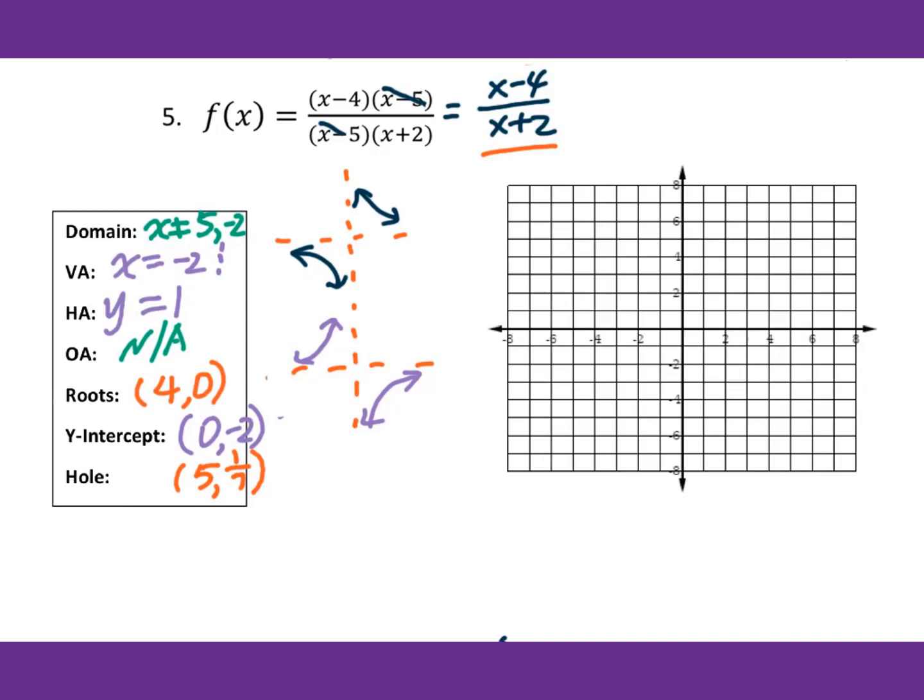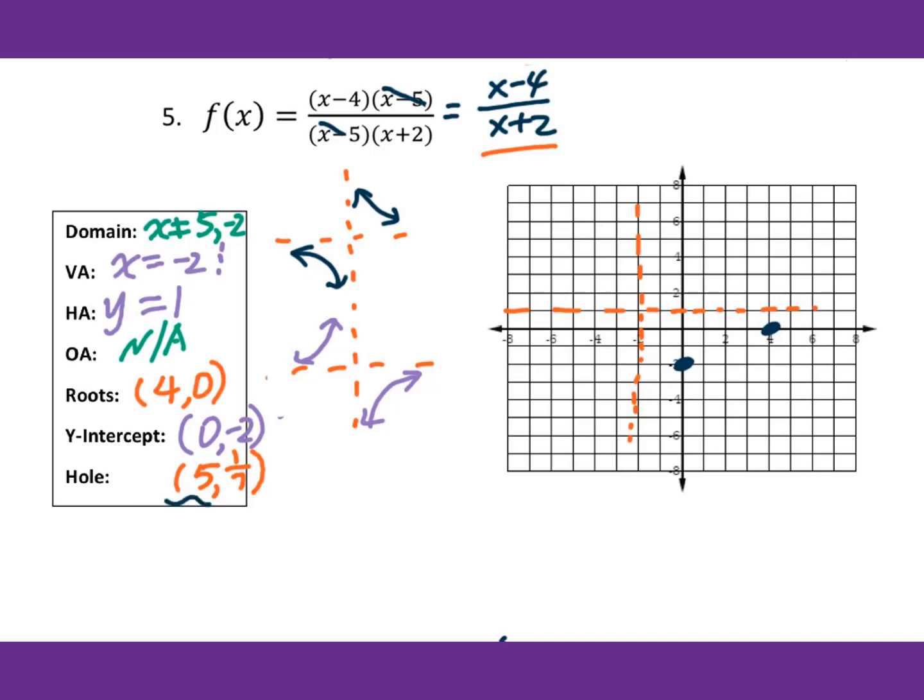We got asymptote lines x equals negative 2 and y equals 1. Then plot the intercepts. We got (4, 0) here. The y-intercept, that's (0, negative 2), it's here.